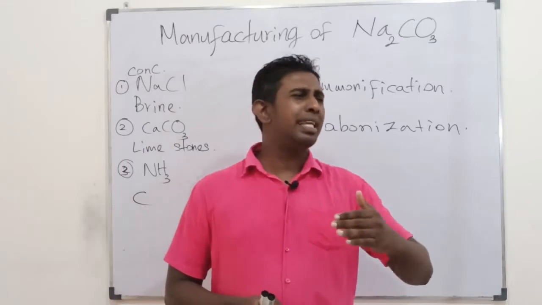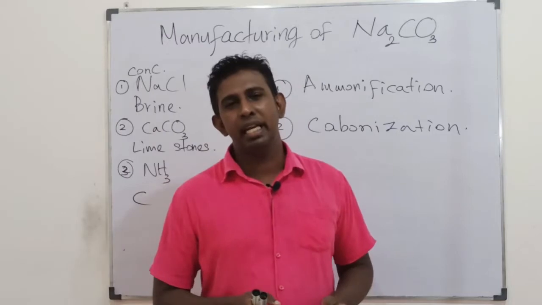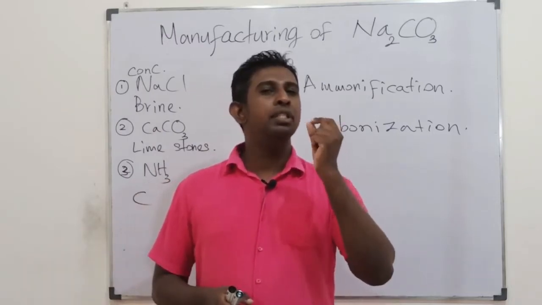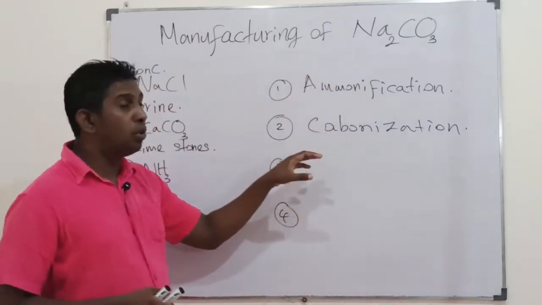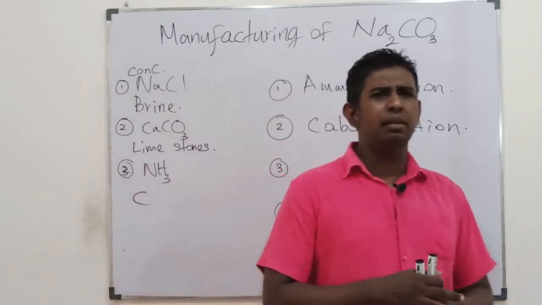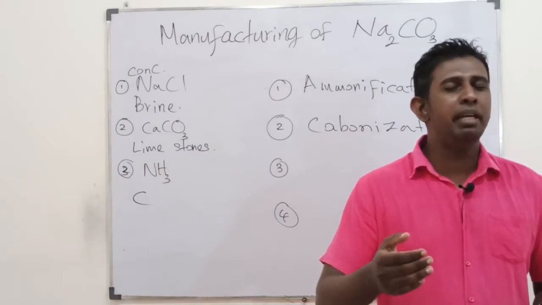Then students, at the end of the second process, after dissolution of carbon dioxide, sodium bicarbonate would automatically start precipitating. So in the solution that you get, you have solid sodium bicarbonate being formed. I will be explaining how and why this sodium bicarbonate is formed there.